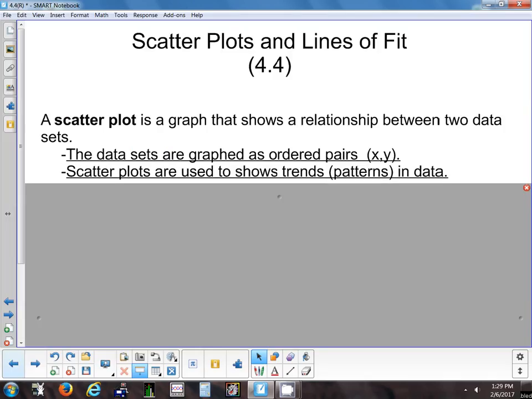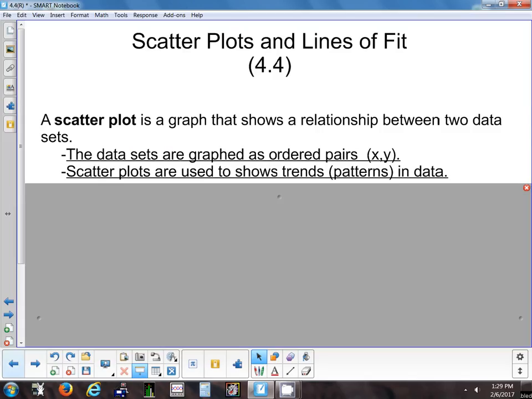The biggest thing that we use a scatter plot for is to try to find a trend or some kind of pattern in the data. If I go back to example 4 and bring that table back up, that's not a big table. I think maybe there were nine or 10 weeks in the table, not that much.